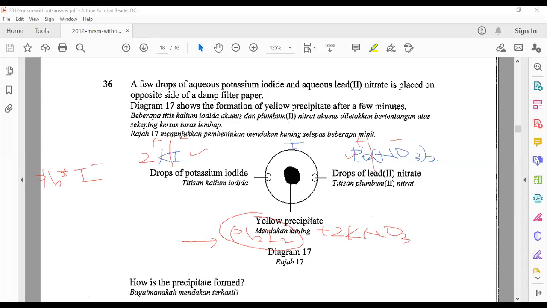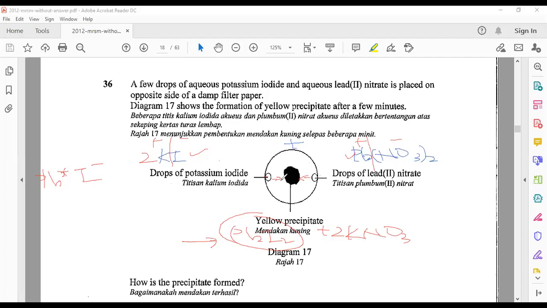Now, how does this occur actually? Actually, the particles from the potassium iodide and the particles from the lead(II) nitrate diffuse. That means this is a higher concentration region of the potassium iodide, and this one is also a higher concentration of the lead(II) nitrate. So from the higher concentration region, it slowly moves.